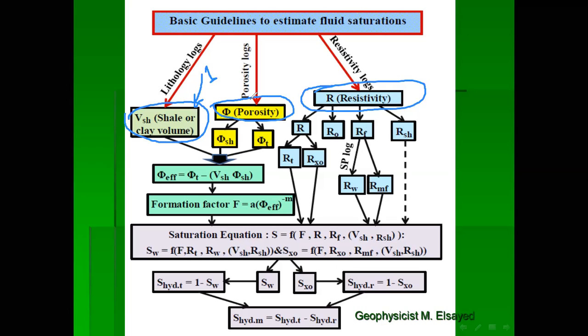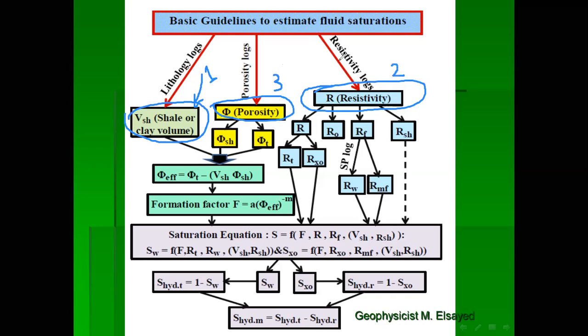For the porosity data, including neutron and density, we display it in track number 3, while resistivity data is displayed in track number 2.